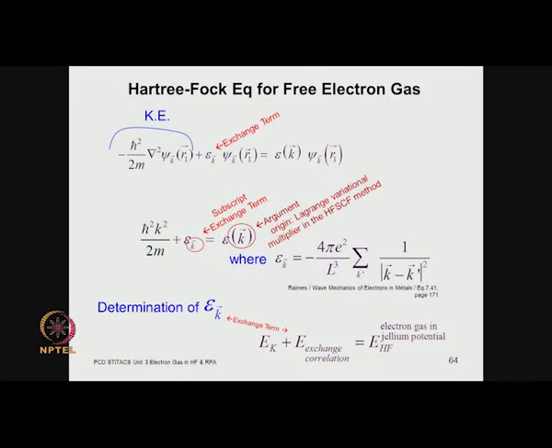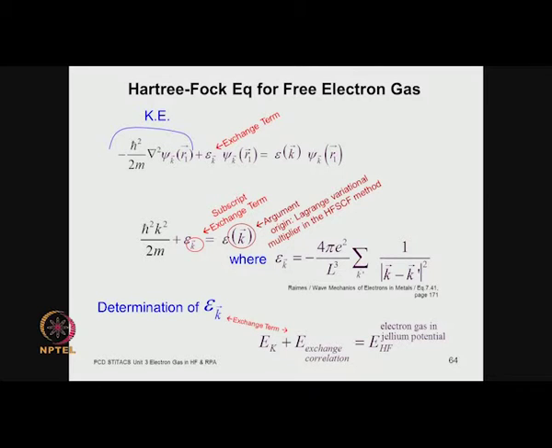It takes the whole expanse with a uniform charge density. So, that is the Jellium potential which we are making use of. Now, we have to determine the kinetic energy part and also the exchange part.